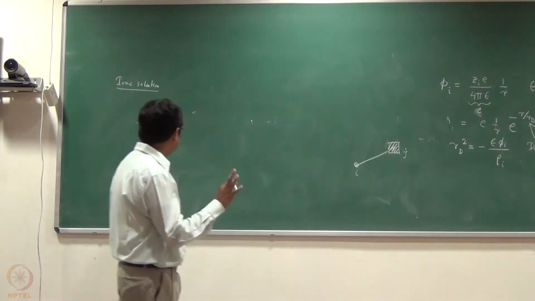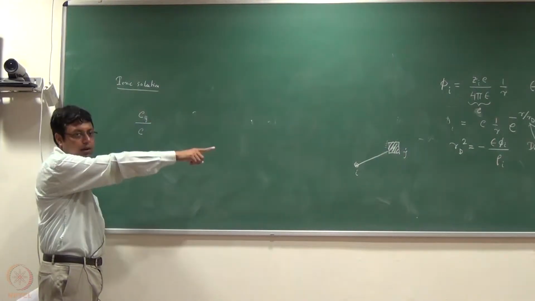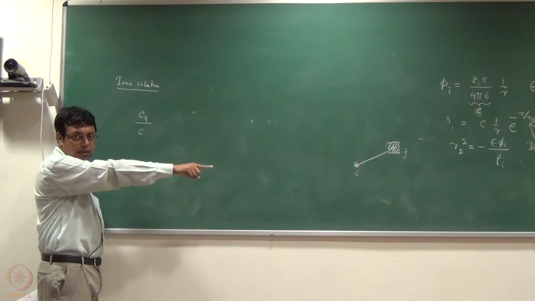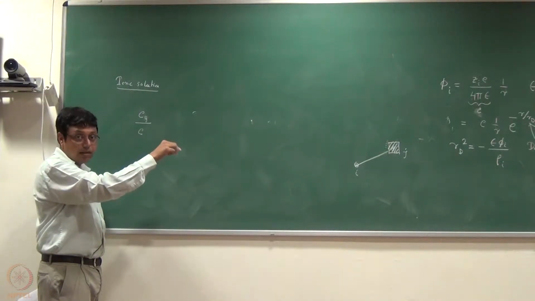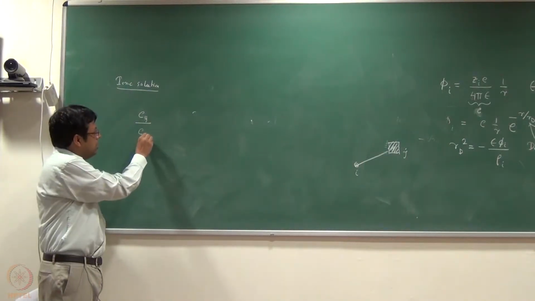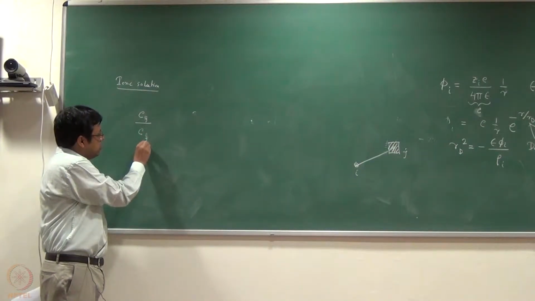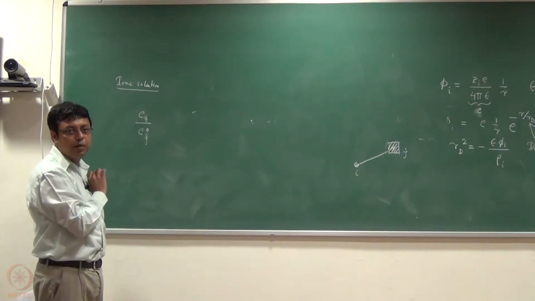Now what I am conjecturing here, this thing, Cj, which is basically the concentration of the species J at some distance from that central thing, which has a species I, this ratio, meaning relative to the bulk, will be proportional to the Boltzmann factor.